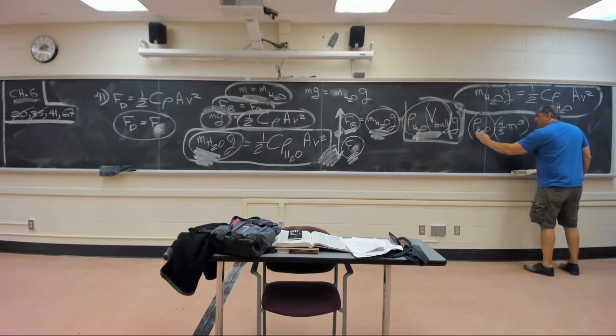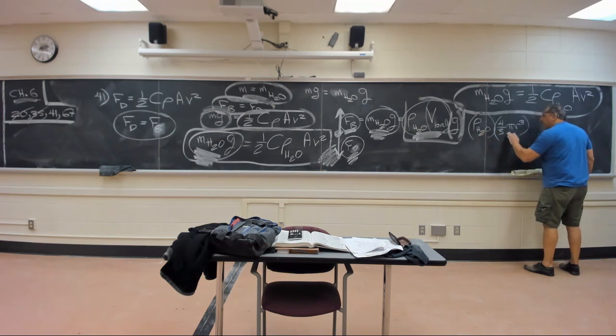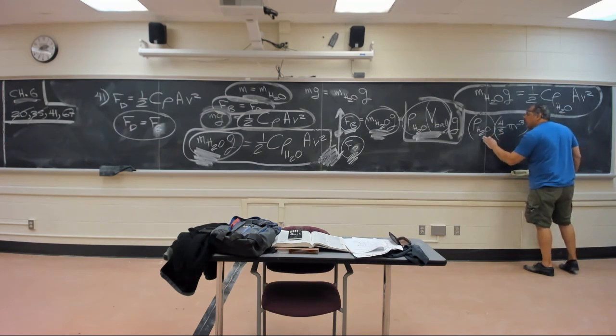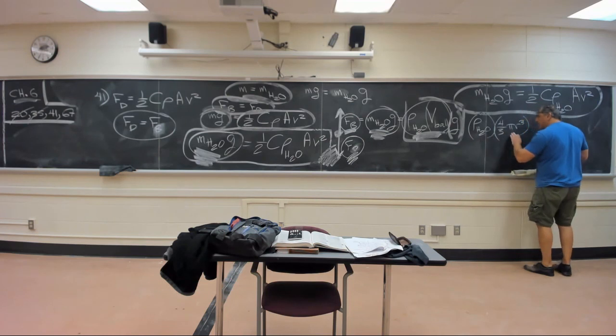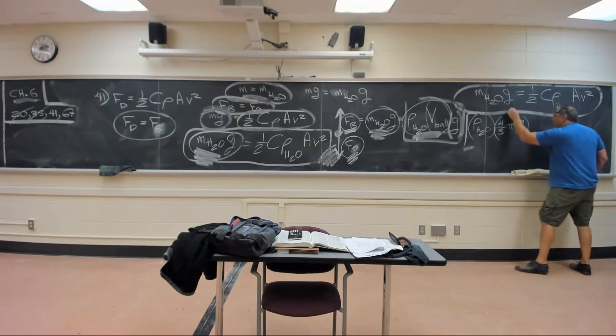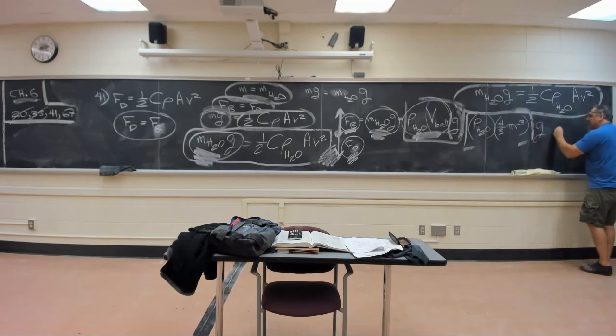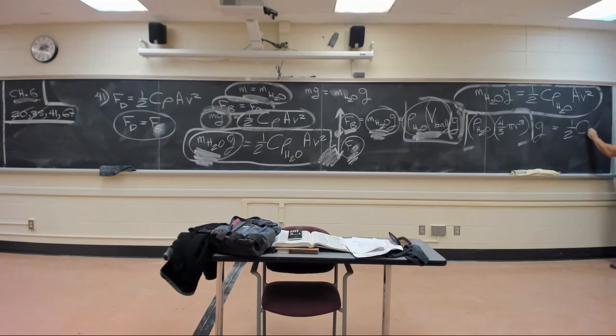The rho of water times the volume of the ball is the same as the volume of the water that is displaced times the density of water, which is the mass of the water displaced. Times g is going to equal 1/2 C rho H2O A v squared.